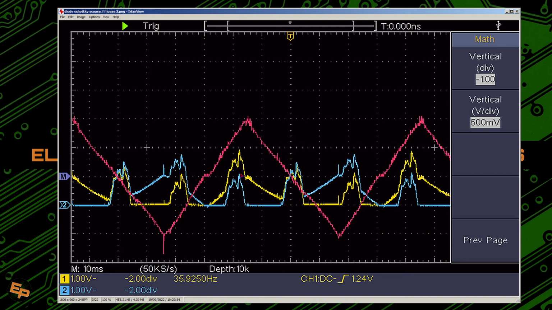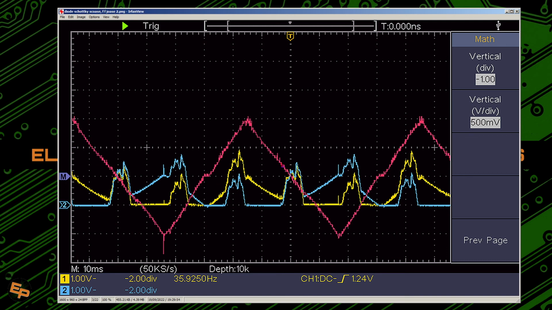We see that we are starting to have some problems, some non-linearities. The output signal is at 500 millivolts per division, so it goes from plus to minus 1 volt. We don't have phase reversals at this particular moment, but phase reversals can happen. But we clearly see non-linearities, like here and here.